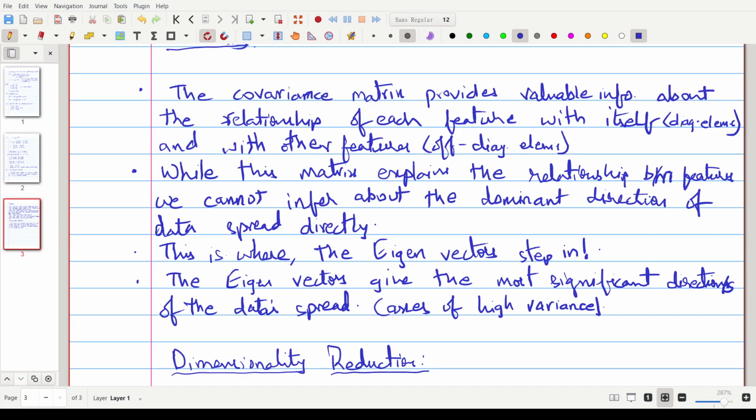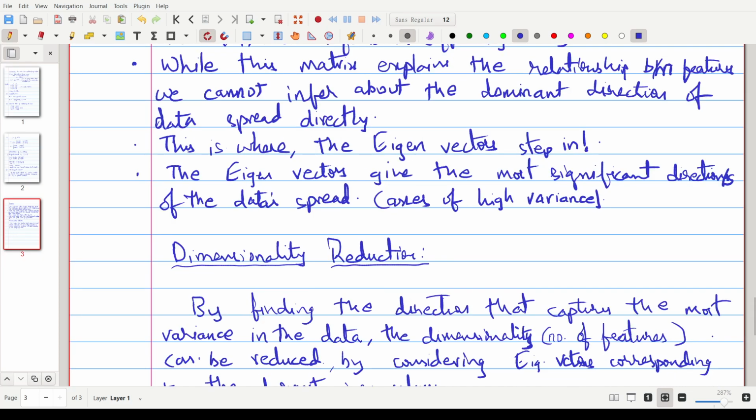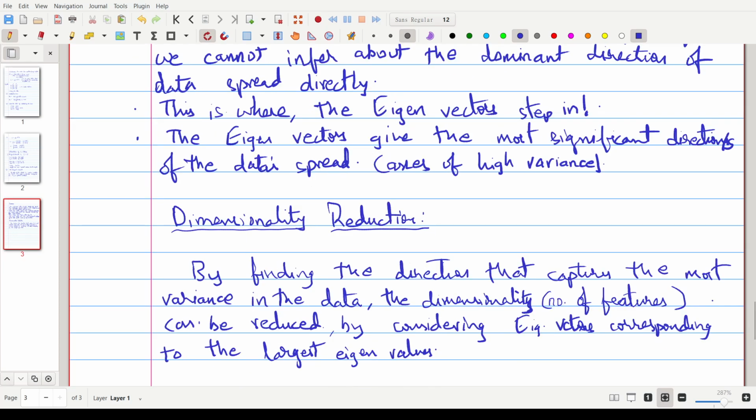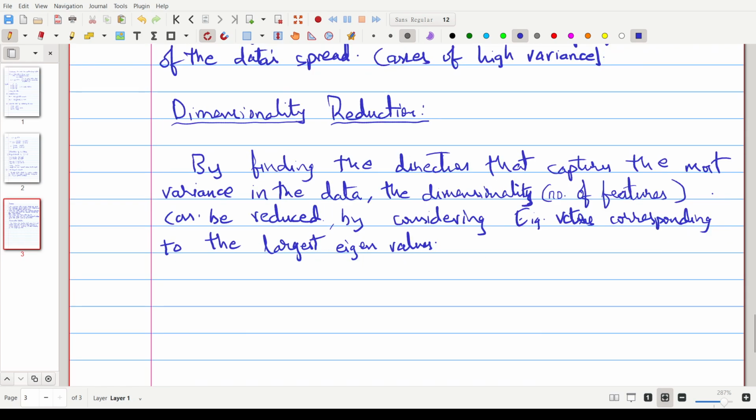This is where the eigenvectors step in. The eigenvectors give the most significant directions of the data spread, or the axes of high variance. The first eigenvector gives the highest variance, and they can be arranged in descending order, so we'll deal with that later.